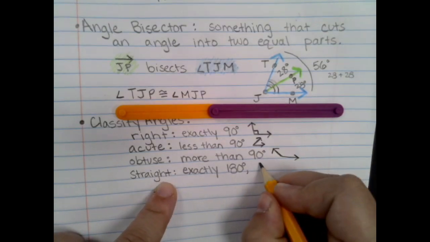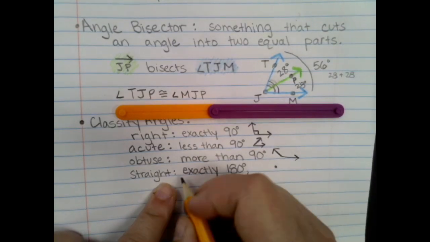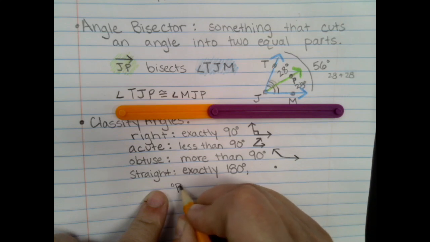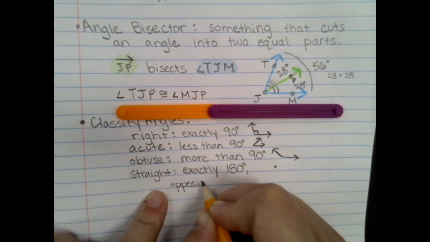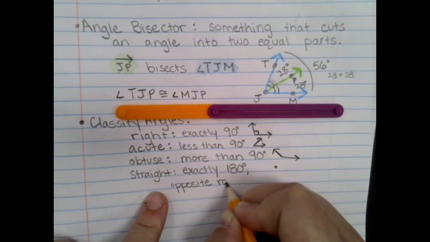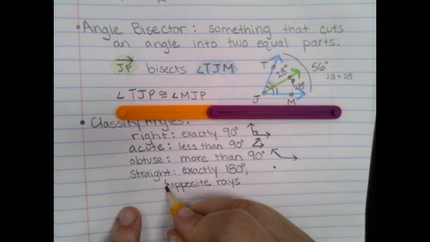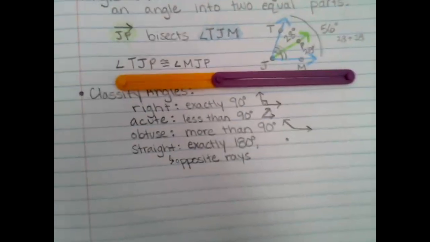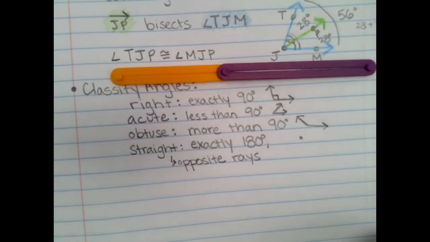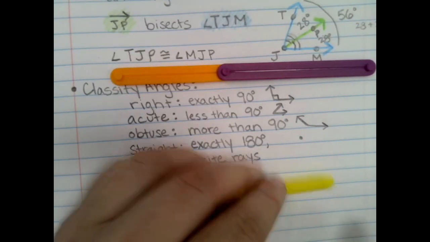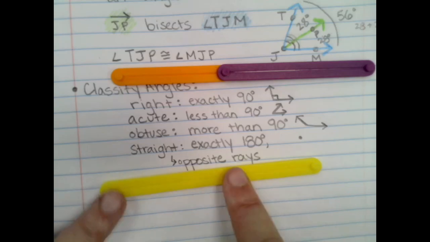And what's goofy about it is, it's another way to say opposite rays. Because the visual of it is we're not just taking like this yellow and saying, okay, look, it's a straight angle.